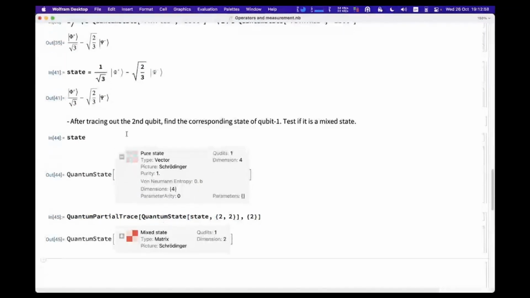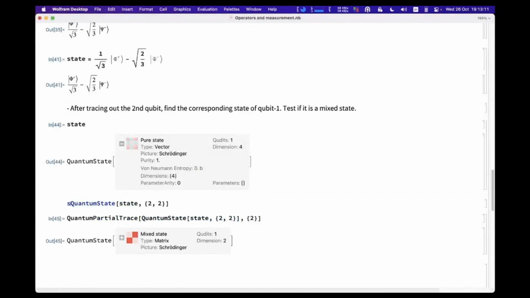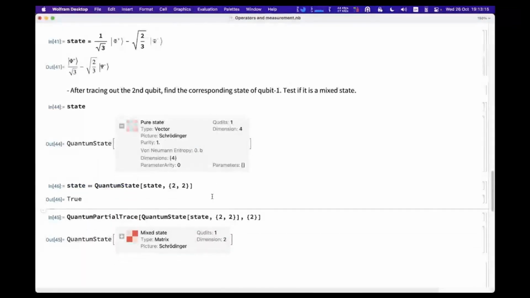So let's just clarify what happened there. You can define your Bell state in a big system of 4 dimensions and say that look, this is my system, it's 4 dimensions. So physically it means you have only one single quantum system, or you can break it into 2 subsystems.